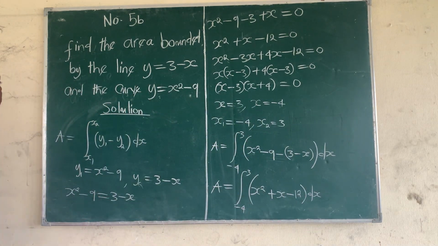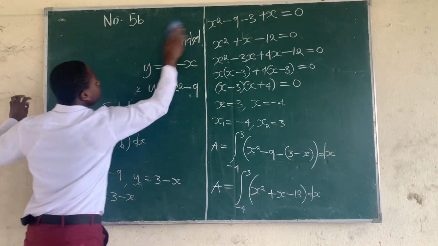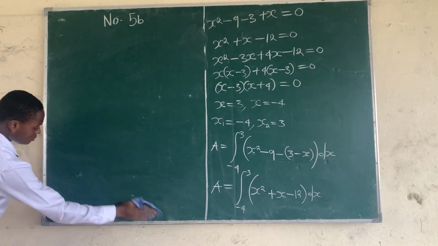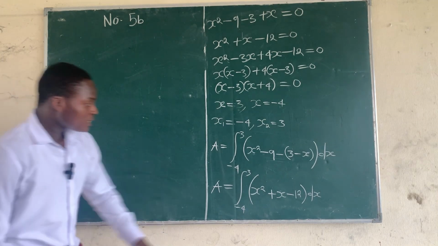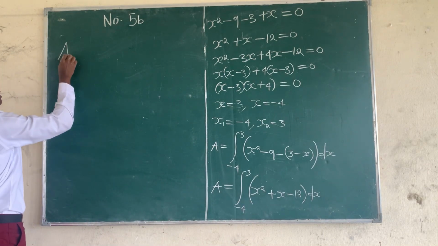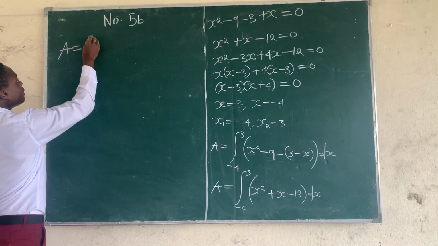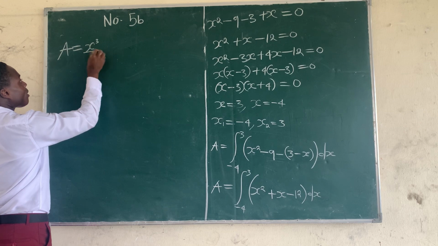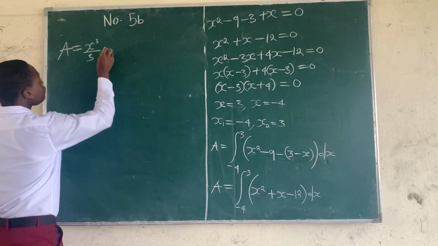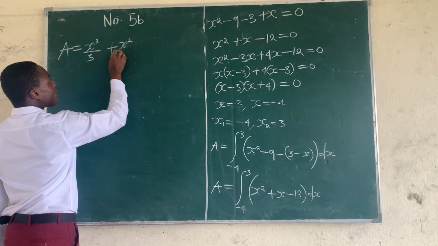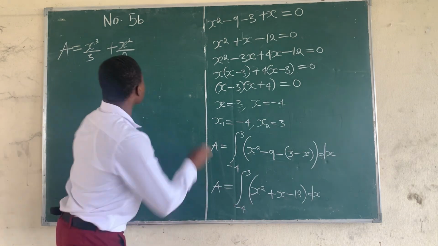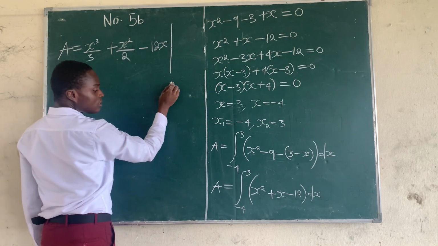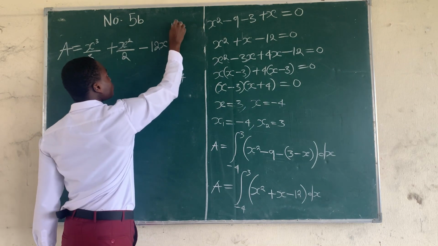So let's quickly integrate this. We have the area being equal to, if you integrate x squared, you have x to the third power over 3. Integrate x, you have x squared over 2. Then you integrate minus 12, you have minus 12x. And the limit there is from minus 4 to 3.